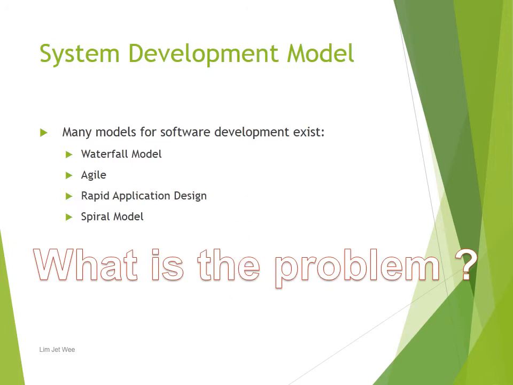So what is the problem? The problem is that despite all this effort on using the system development models, most of the time we don't think about security when we are developing the software, whether it is a web application, a mobile app, or a client-server environment.